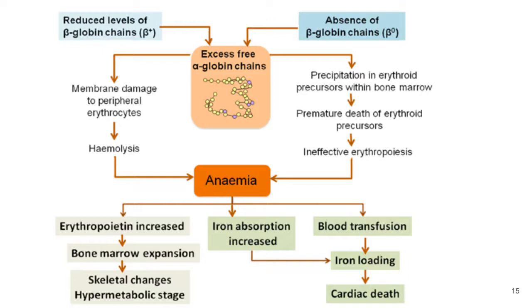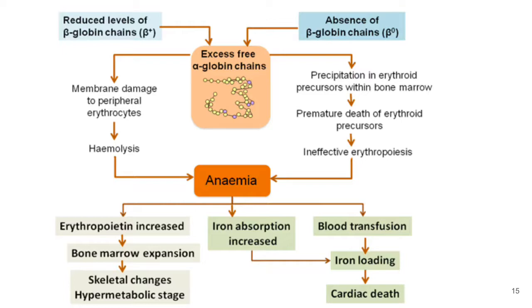Absence of beta globin chains or reduced levels of beta globin chains causes excess free alpha globin chains. On one side, these alpha globin chains precipitate in erythroid precursors within the bone marrow, cause premature death, and lead to ineffective erythropoiesis.